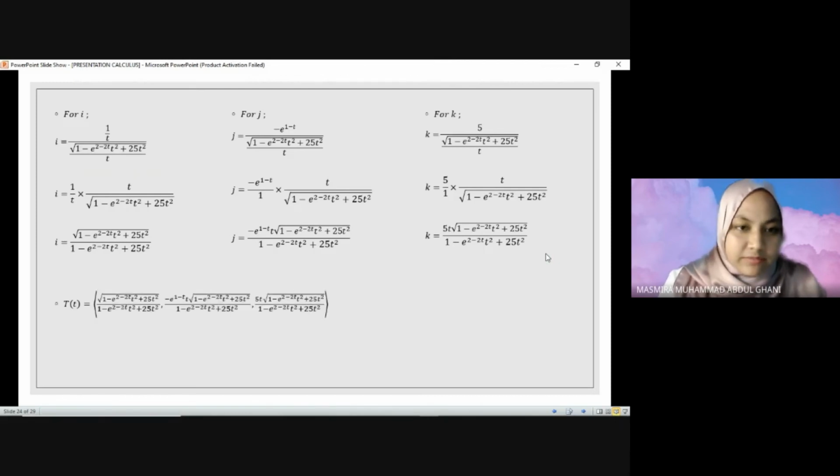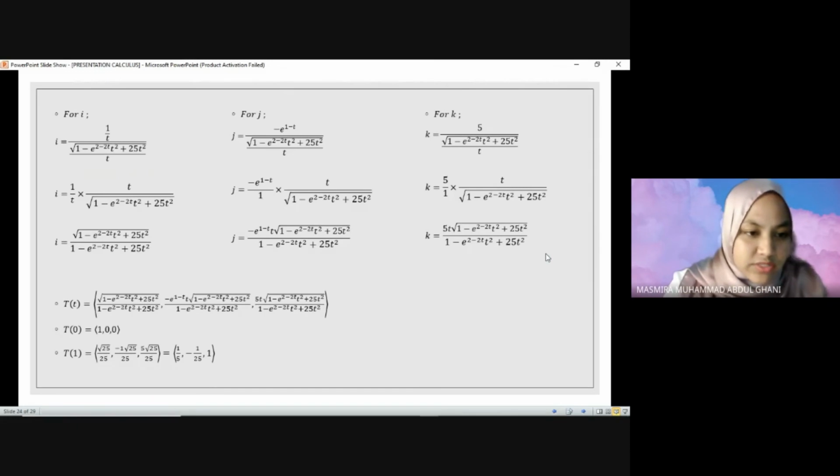And then we substitute all the solution after we simplify and we substitute 0 into t, we got the tangent vector is 1, 0, 0. And we substitute again the value of 1 into t and we got the tangent vector is 1 over 5, comma, negative 1 over 25, comma, 1.